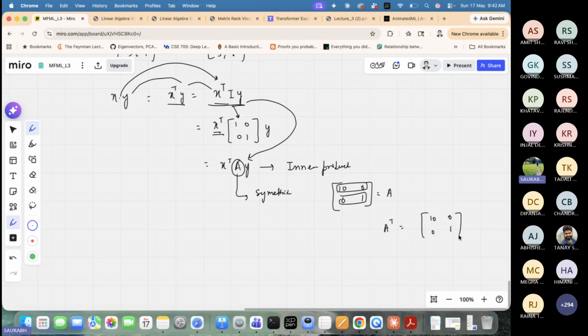Now if you see, both the matrices are the same, right? So A is equal to A transpose. That's what a symmetric matrix is.